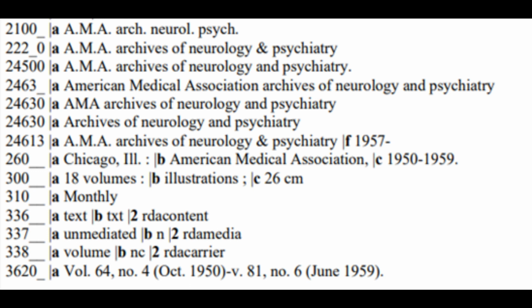And then you have to make sure to check on your library as to what publications you have in the collection. And that's what you're going to indicate in tag 500. In tag 500, you are to indicate information like "Library has:" then the volumes you have in the collection.